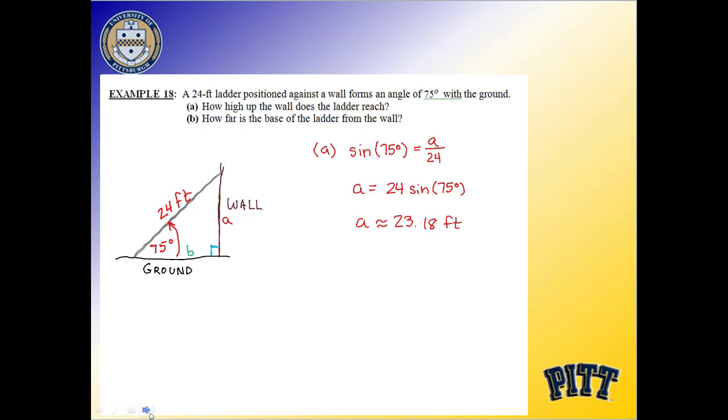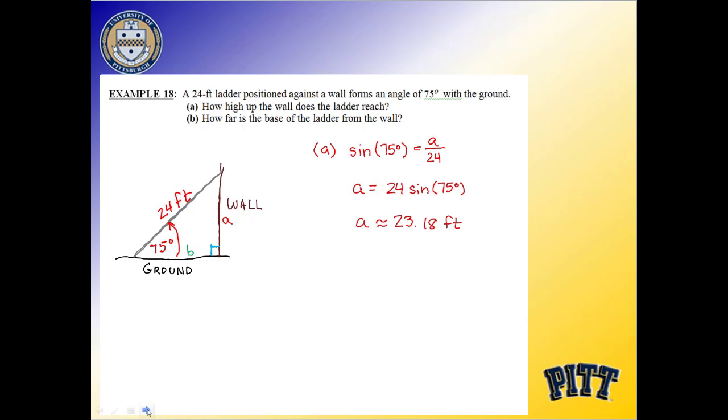But if I'm looking for a second thing in a triangle situation like this, I should try to figure it out independently of the others, only because I don't want any potential mistake or any over-rounding I may have done in the previous calculation to carry over and throw off my answer for part B. At the very least, I might want to use the Pythagorean theorem to check my final answer when I'm done, to see if it makes sense with the other answer I got before, as well as that 24-foot side. That would be a verification that what I have is correct.